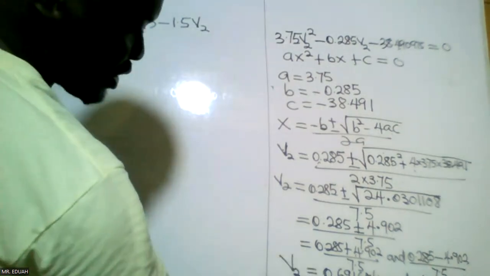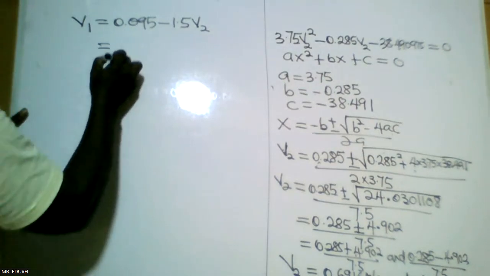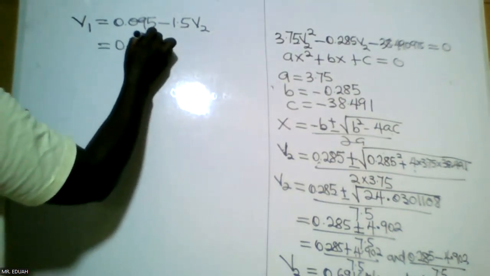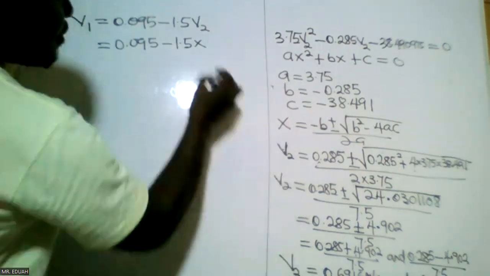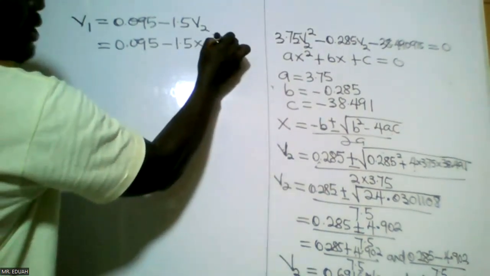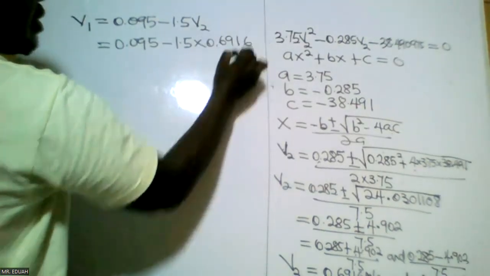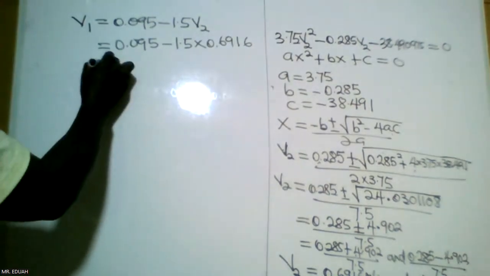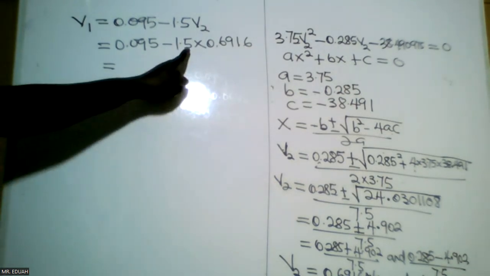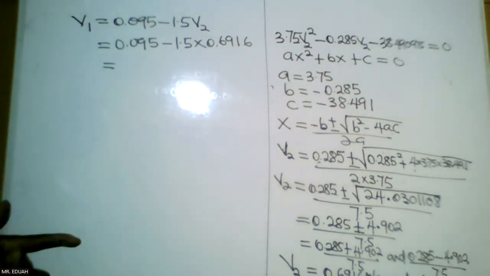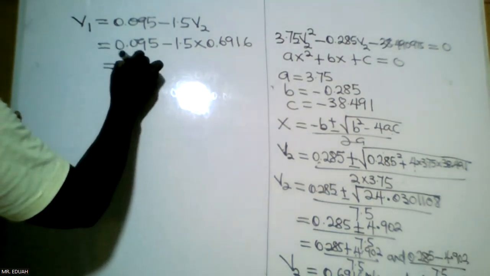So if I substitute the first value of V2, 0.095 minus 1.5 times 0.6916. Multiply 1.5 by 0.6916.